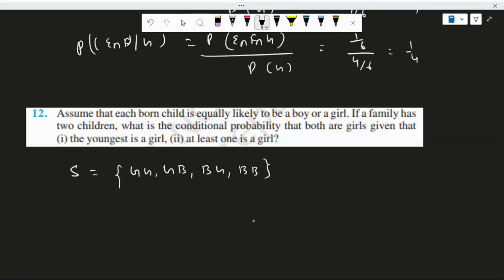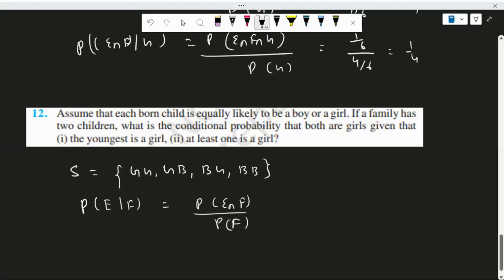Now, event E is both are girls. So we have to find P(E|F), which is P(E intersection F) over P(F). F is the youngest is a girl. So for youngest girl, how many outcomes are there? GG and BG.